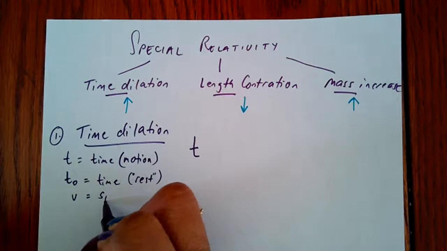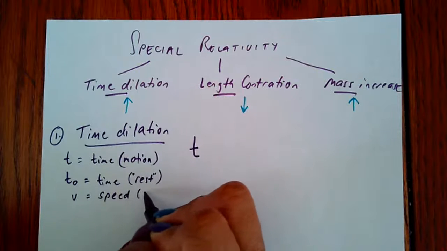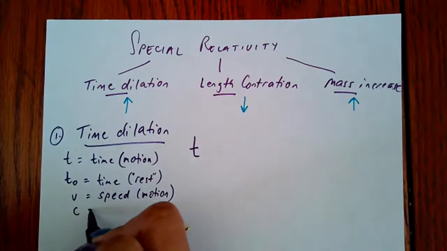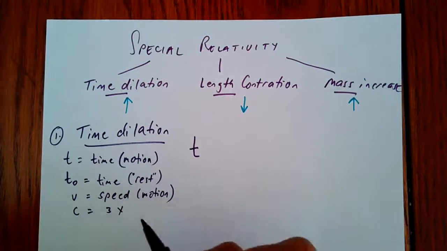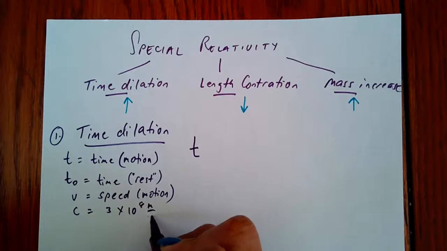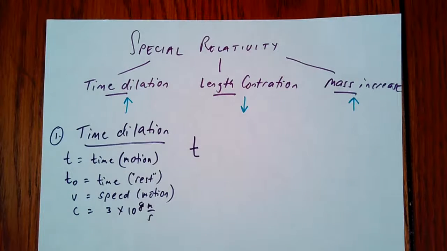V is the speed of the person in motion, and C is the speed of light, which is constant in a vacuum at 3 times 10 to the 8 meters per second.